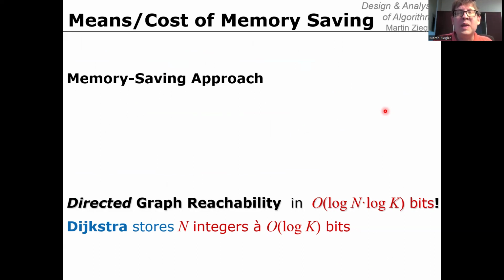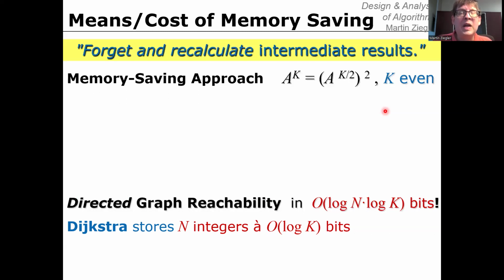Namely, the paradigm that we use implicitly is forget and recalculate intermediate results. Don't store intermediate results to save memory. Instead, forget them, and whenever needed, recalculate them. And intuitively, that can lead to a significant increase in running time.